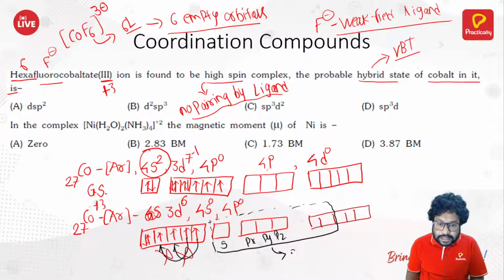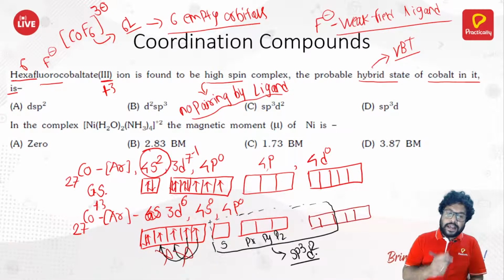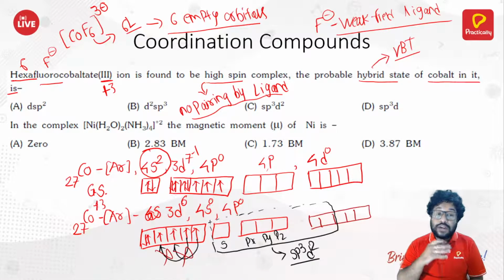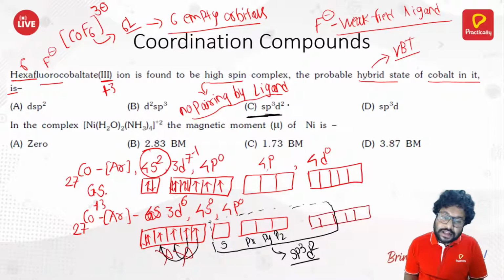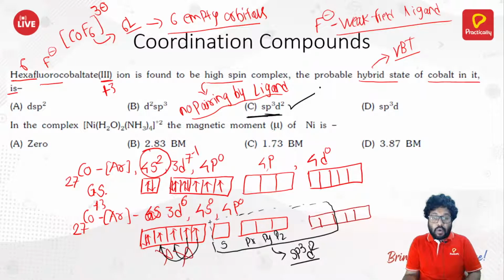That will ultimately give you sp3d2. Here you have taken the outer d orbital, and that is why it is called an outer orbital complex. That is why the correct answer should be sp3d2, which is present in option C in this question. That is how your answer should be C.